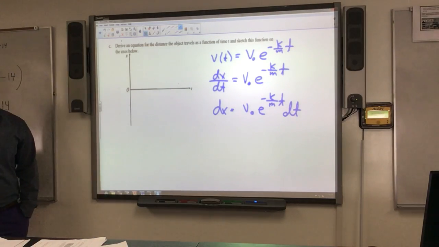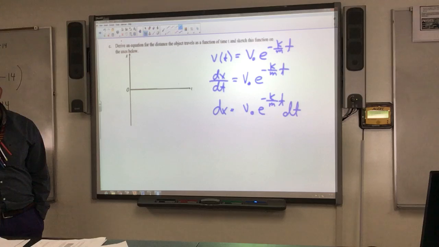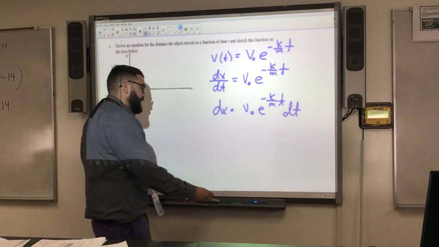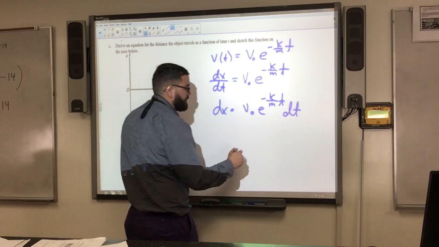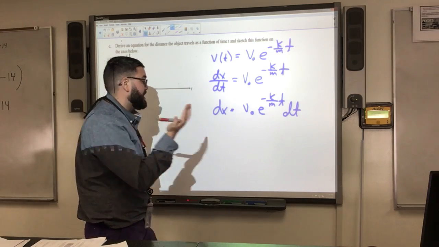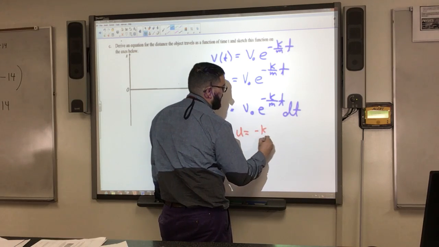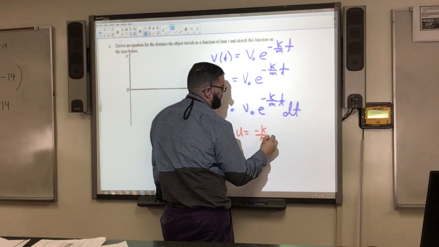If you don't like what this looks like and you're not really comfortable with integrating this, you could do a u substitution if it makes you feel a little better. You could say u is negative k over m t.